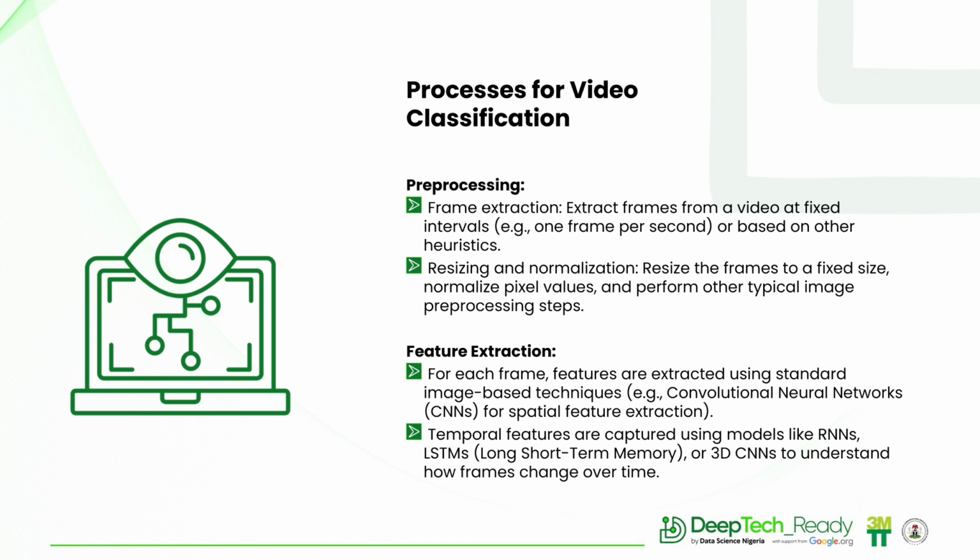So what are the processes involved in video classification? We have pre-processing. In pre-processing, we have frame extraction. That was one of the things I was talking about in the last video when we were talking about sampling. If you remember, when we wrote the code, we wrote for i in tqdm enumerate number of frames.